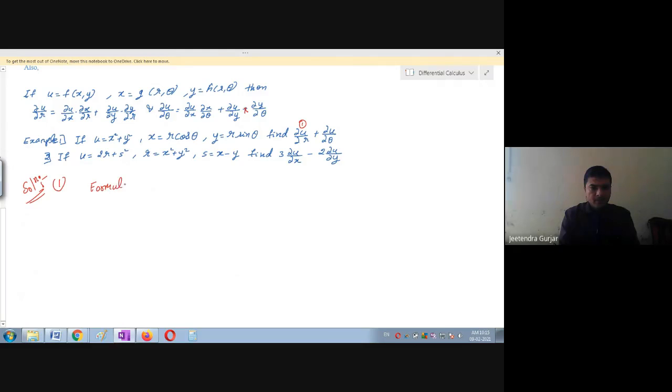In your exam, if your formula is right, your answer will definitely be right, so please write down the formula correctly. So ∂u/∂x into ∂x/∂r plus ∂u/∂y into ∂y/∂r. Is it clear? This is the first one I have taken.